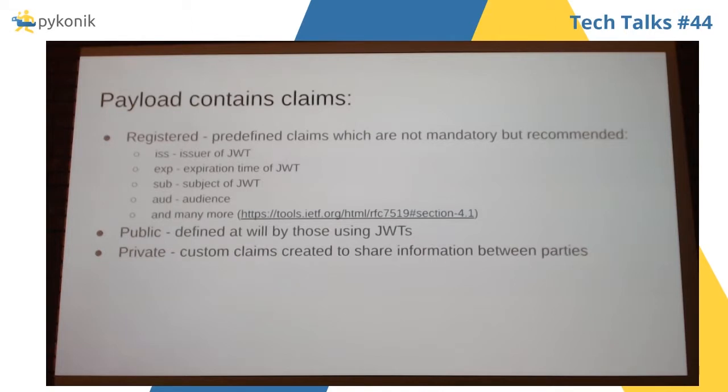If we want to specify a public API that uses JSON Web Tokens, all the claims that we are using should be published somewhere, so everybody may read them and know what they mean. And for private use, we have private claims. We can actually store anything we want inside.